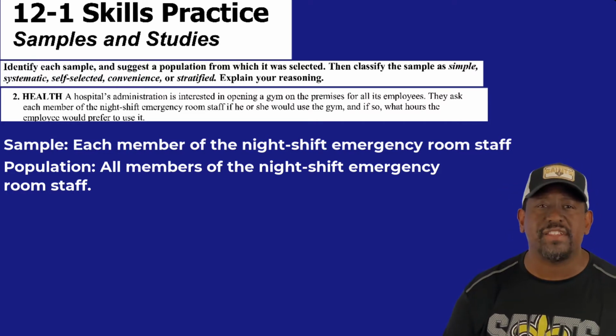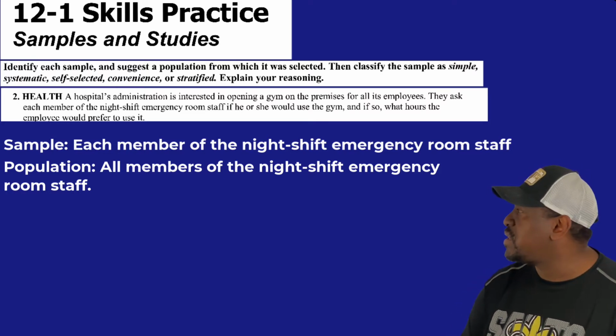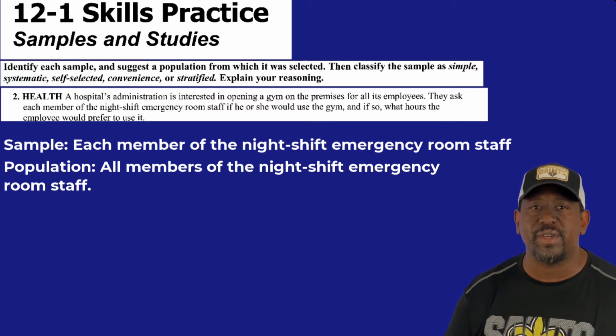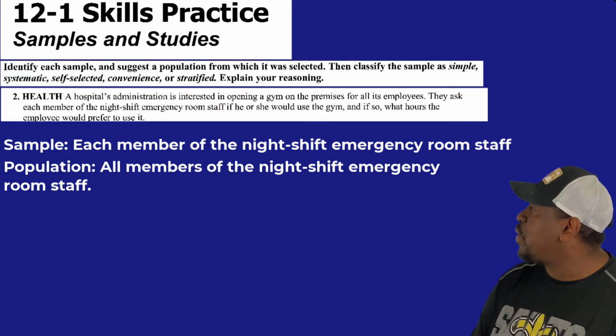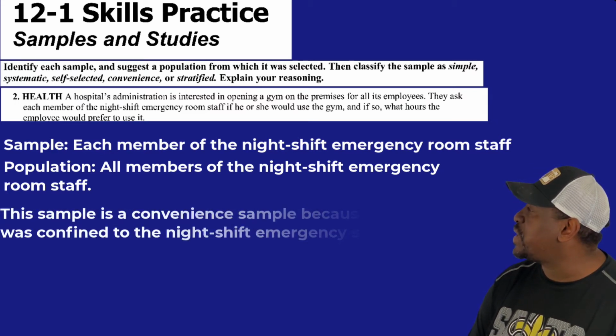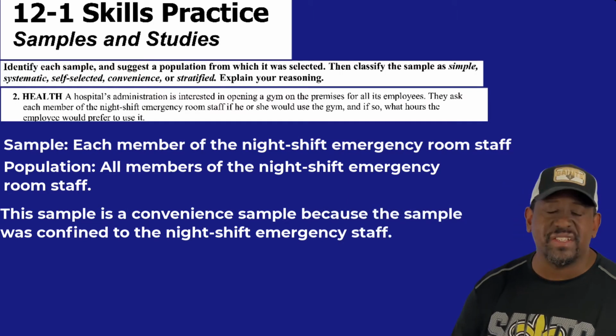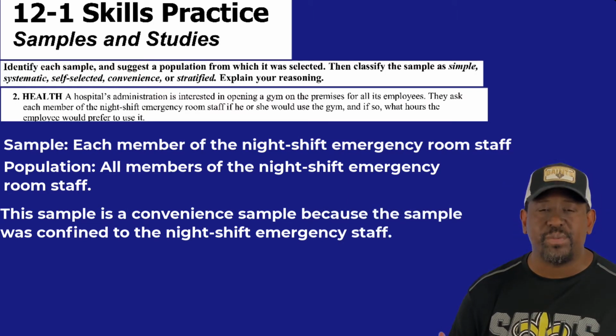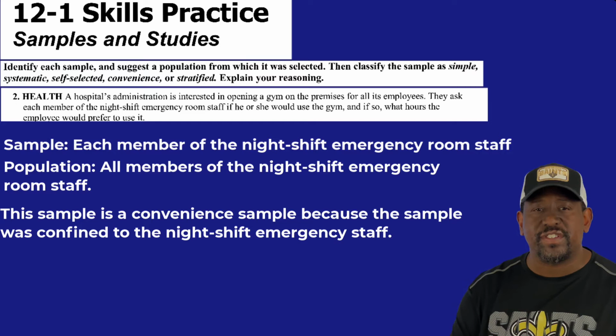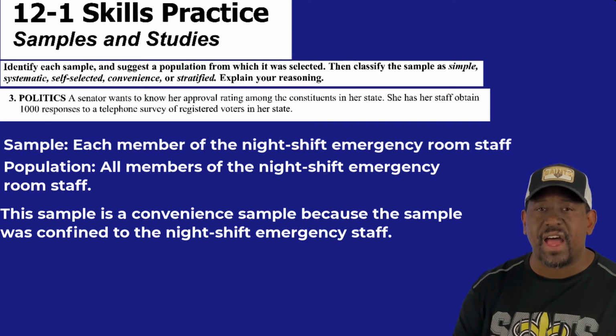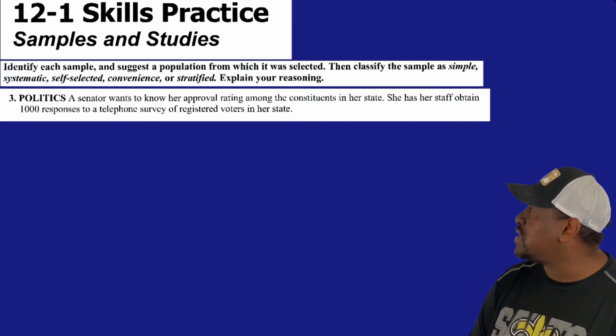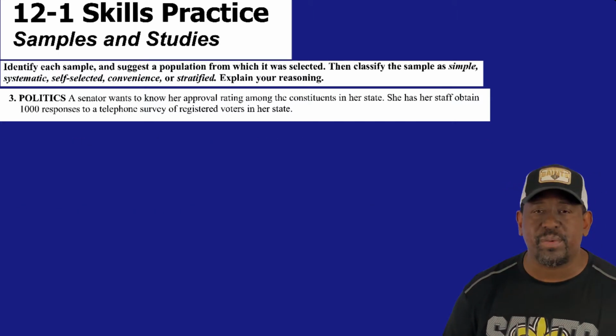And why is it a convenience sample? It's a convenience sample because only those people can be involved in the survey, since we specified the night shift emergency staff. So it's convenient. So we'll go to the third example.